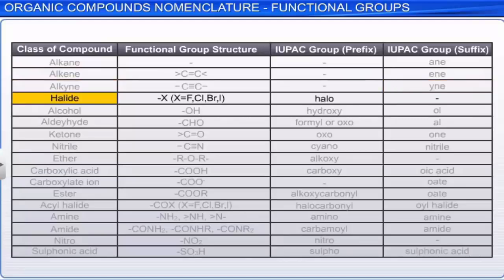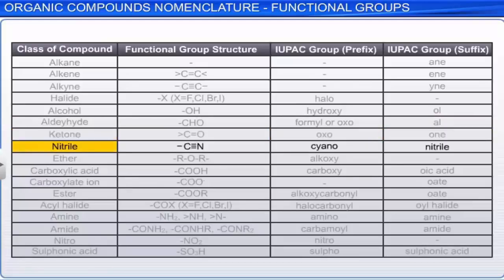The halide group prefix is halo. The alcohol group prefix is hydroxy and the group suffix is -ol. The aldehyde group prefix is formyl or oxo and the group suffix is -al. The ketone group prefix is oxo and the group suffix is -one.